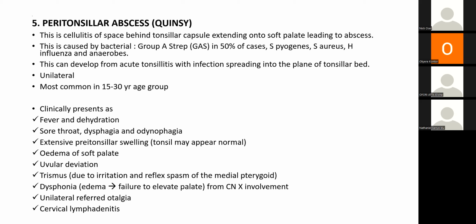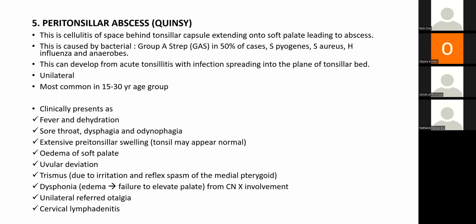Talking of the fever, dehydration, sore throat, dysphagia, or odynophagia. The tonsils appear normal or sometimes swollen, with edema of the soft palate and uvular deviation. A typical chronic or recurrent tonsillitis could also present with uvular deviation. You could have trismus, as a result of irritation or reflex spasm of the medial pterygoid muscle.